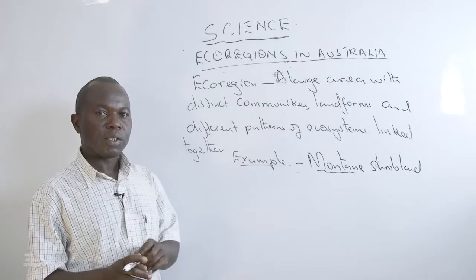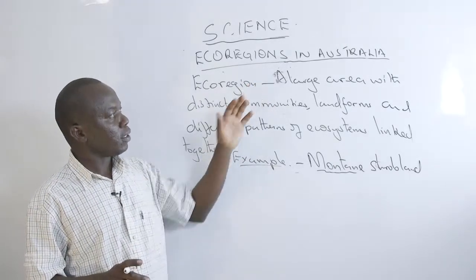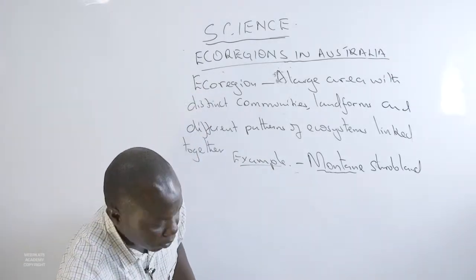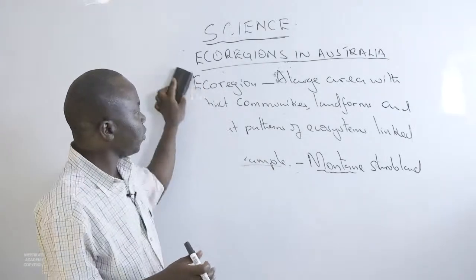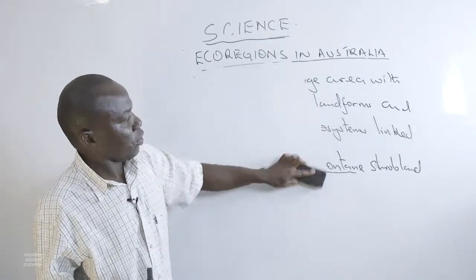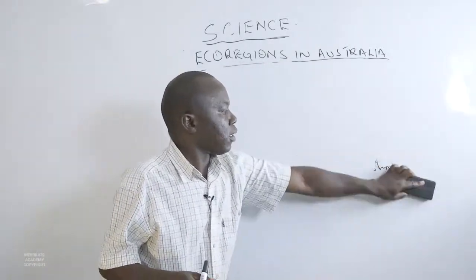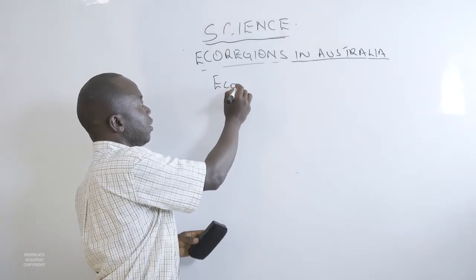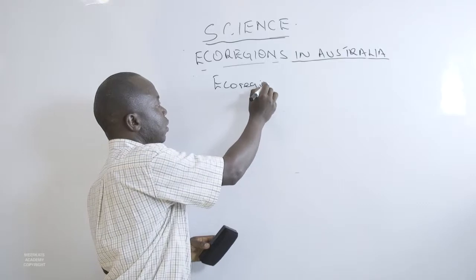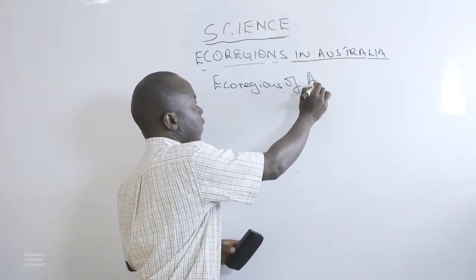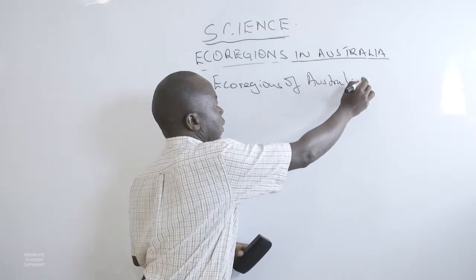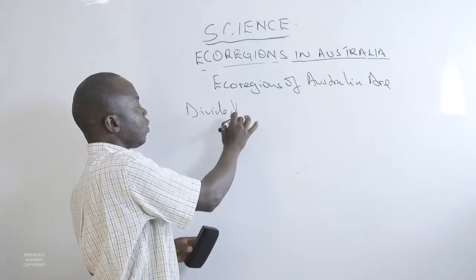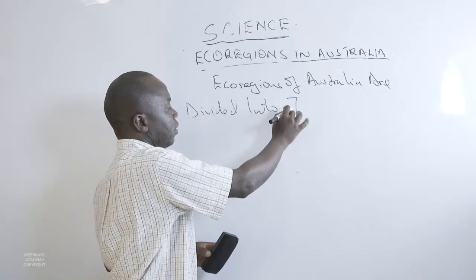So, examples of the Australian concept, we have different types that we are going to look at. The ecoregions of Australia are divided into 7.